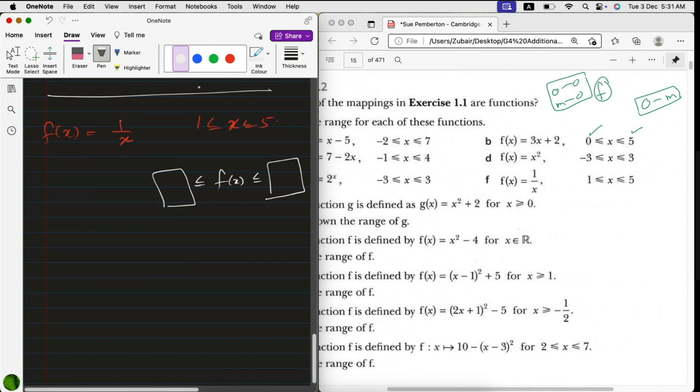Yes. 1 over 1 just gives us 1, and 1 over 5 is just 1 over 5. So then 1 over 5 is less than or equal to f of x is less than or equal to 1. That's right. The graph looks like this. So at 1 the value is 1, at 5 the value is 1 by 5.